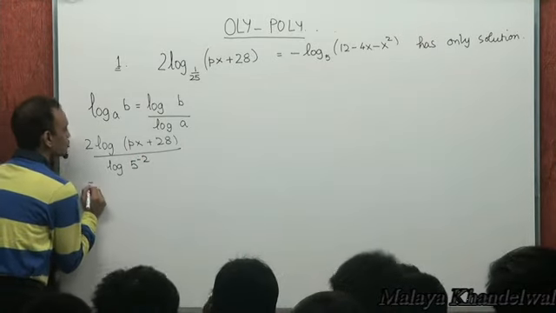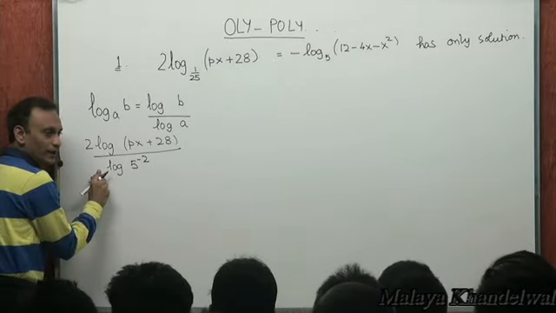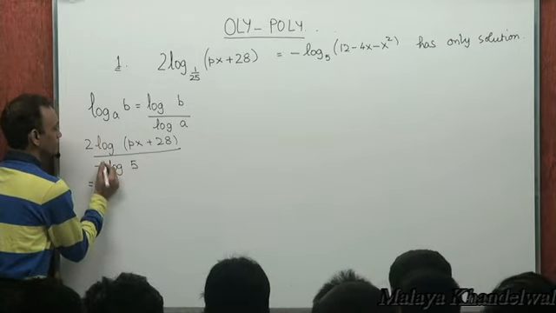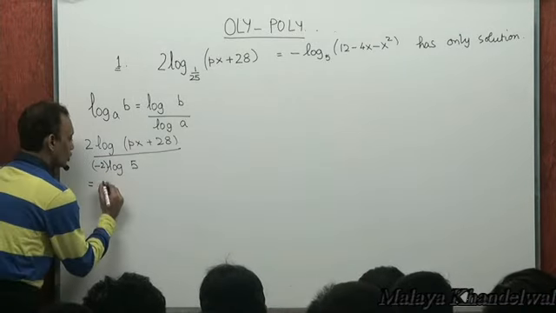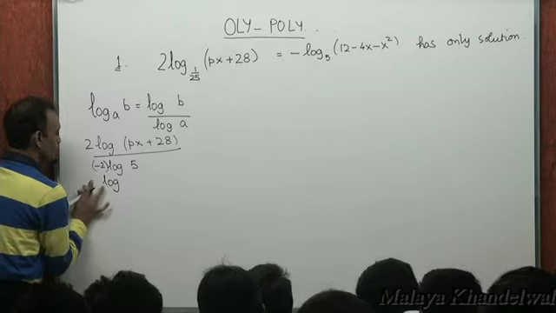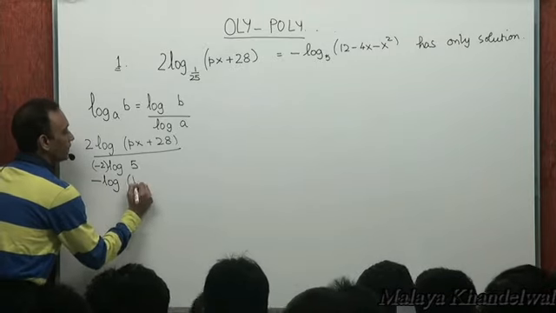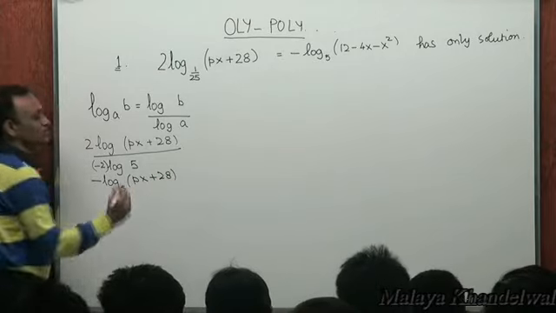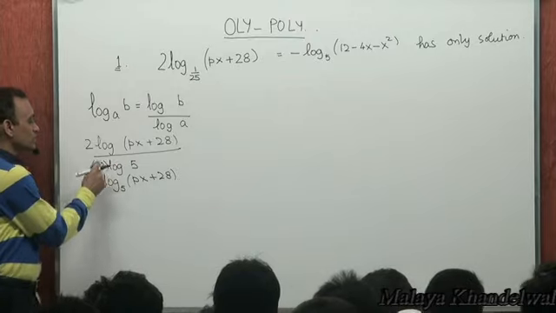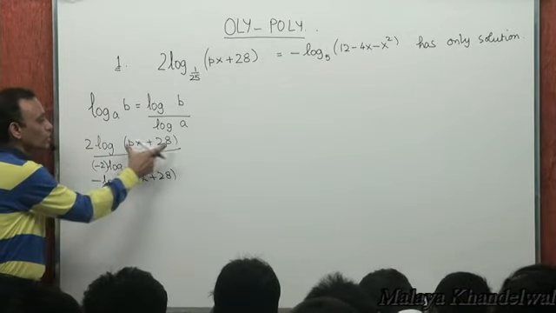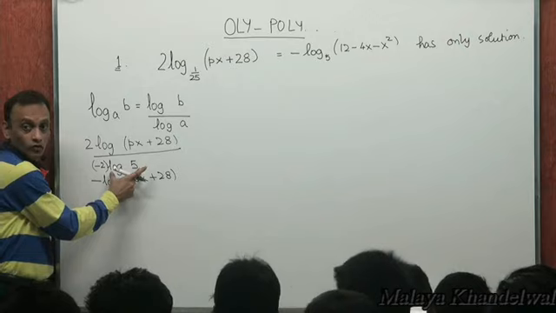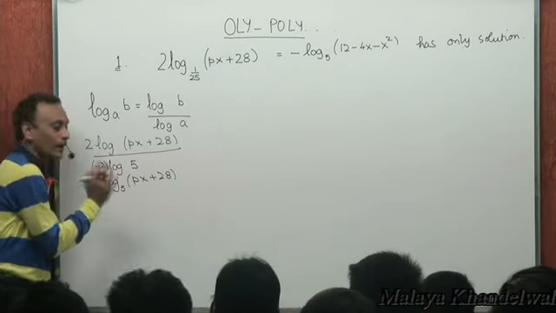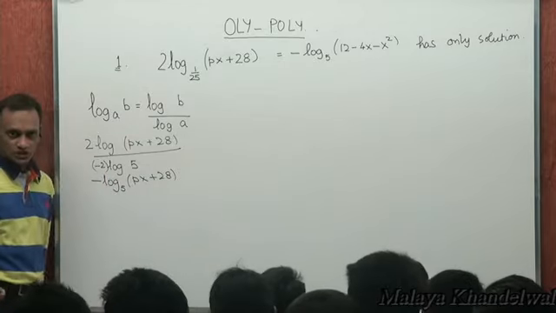So this minus 2 will come here, and the 2 will get cancelled with this 2, giving minus log (px plus 28) to the base 5, because log a divided by log b is log a to the base b. So the left hand side would reduce to this.